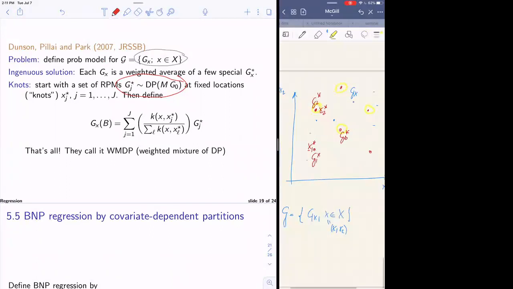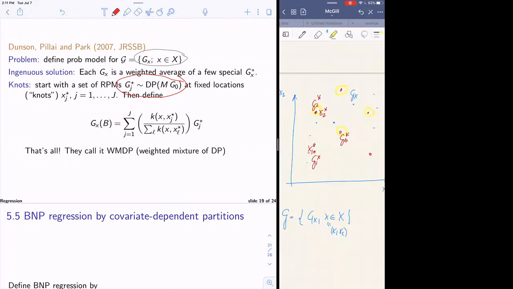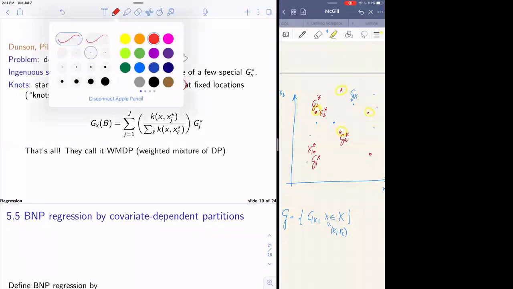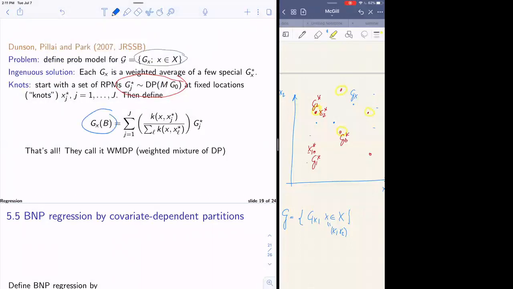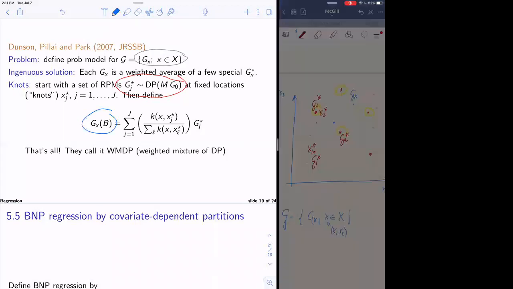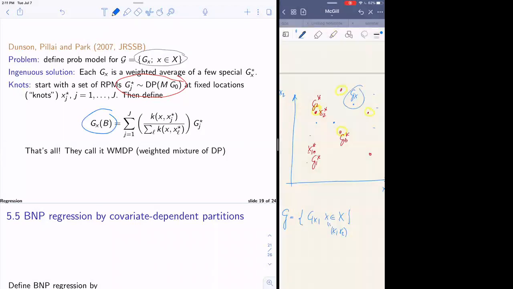We start with an independent prior probability model on the red references G star sub J at reference locations XJ star, and then if we need G sub X for any arbitrary X, like the blue GX over here, we just take a weighted average where the weights can be based on some kind of relative distances. That's it, ingenious, simple, and easy.